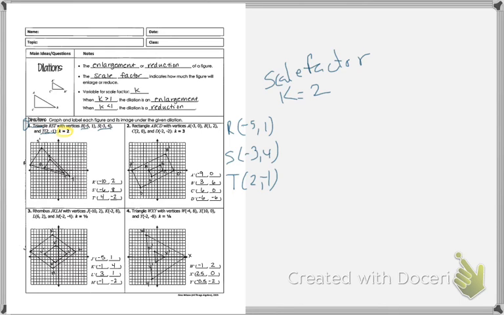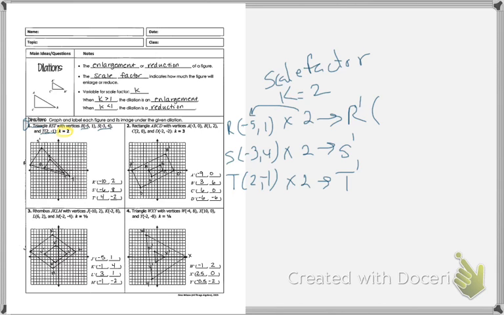As per the instructions I gave you, we're simply going to multiply times 2 to get our new R, our new S, and our new T. Both coordinates.